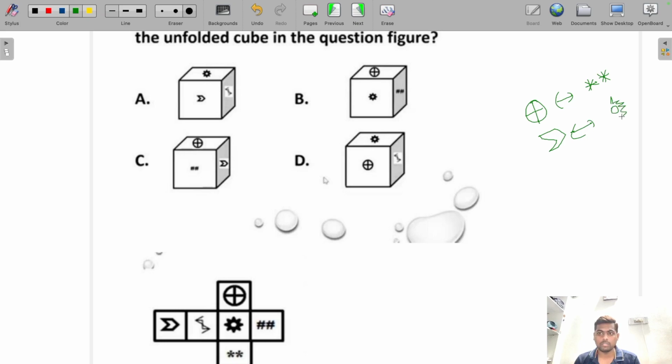Again for the remaining one, what is opposite? Hash and hash. Now if you go for the options, this symbol is coming from the second row, that is fine, and this is also coming from the second row, so that's why this is gone. So this figure can never be made.